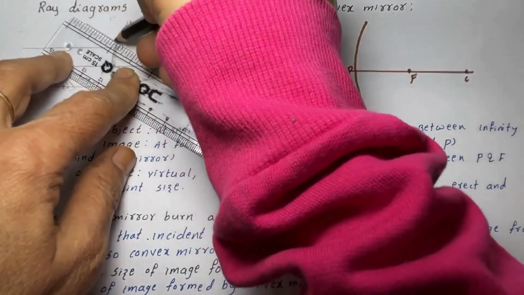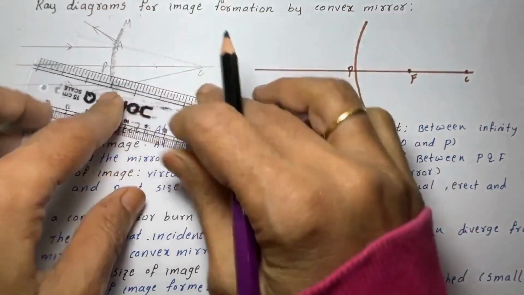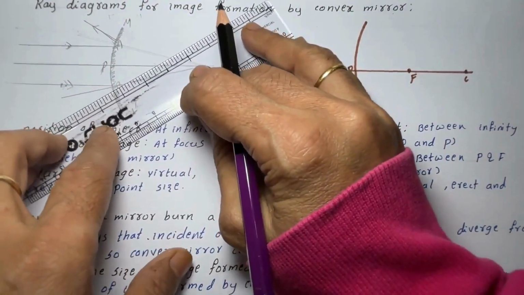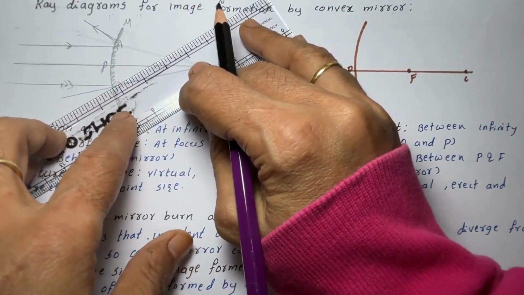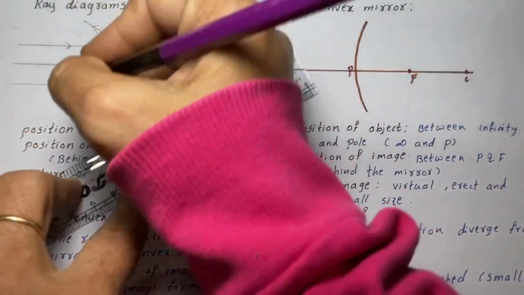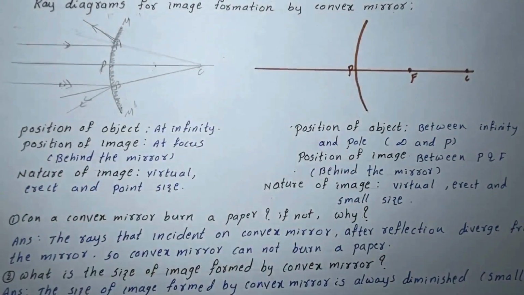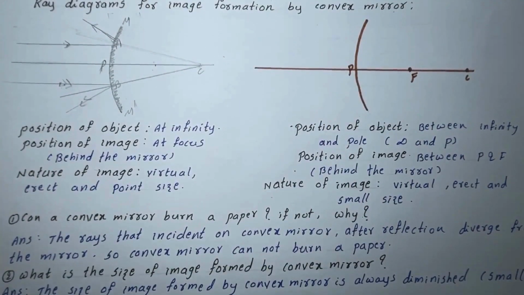So now this is the direction of the reflected ray of the first incident ray, and the second incident ray goes in this direction. Now these two reflected rays form one diverging beam. They never meet. So to obtain one image, we have to extend the reflected rays.